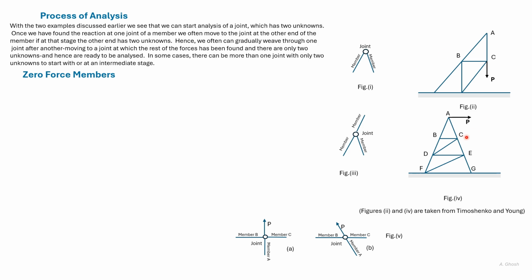At joint C, since the force in BC is zero and CA and CE are collinear, force in CD is also zero. Similarly, the force in DE and EF are zero. With any problem, it is advantageous to first look for zero force members. Zero force members can also be cumulative, as we saw here.